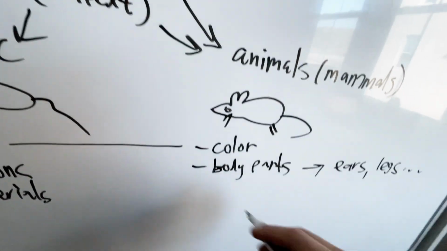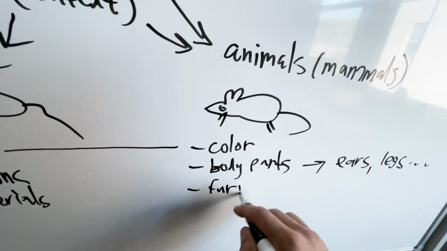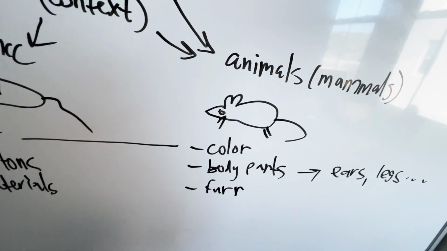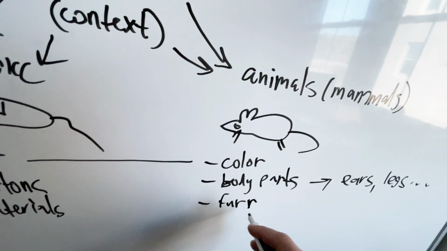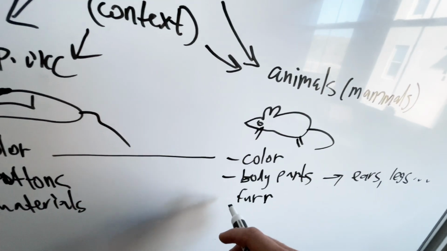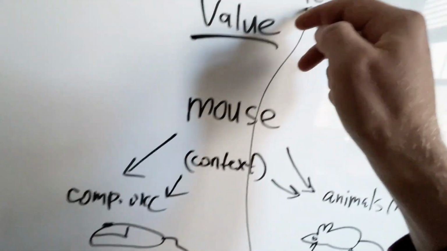Then you can have fur. Am I spelling it right? I don't know. You have fur, which is a value, and this is an attribute, right?